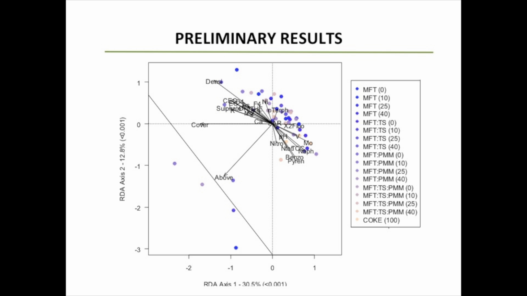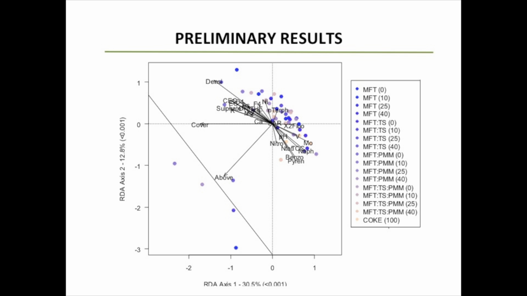To see what happened in terms of the chemical parameters with the plant growth, we did the RDA analysis. So in this analysis, we used three response variables, that is the above ground biomass, plant cover, and density as responses, and how they are related with the chemical parameters. So in this graph, the angle between the arrows shows a correlation between the variables.